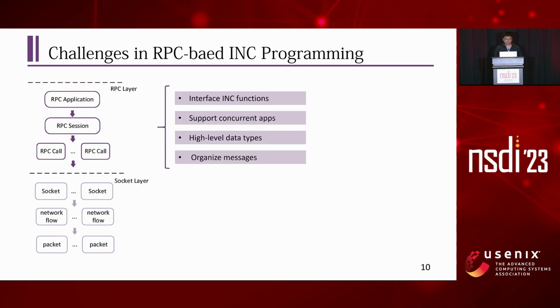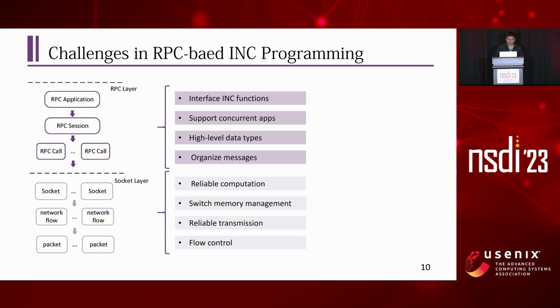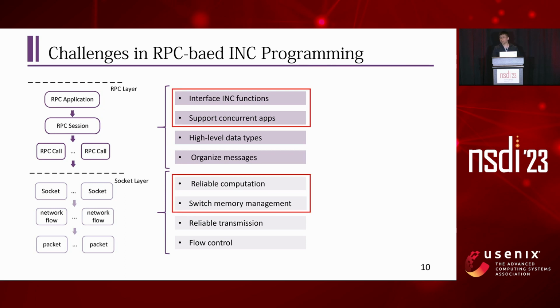In the RPC layer, we have to provide INC function interfaces, support concurrent applications, provide high-level data types, and organize RPC messages. And in the socket layer, we have to provide reliable computation and transmission, switch memory management, and flow control. In this talk, we will discuss parts of these key challenges and leave details of others in the paper.